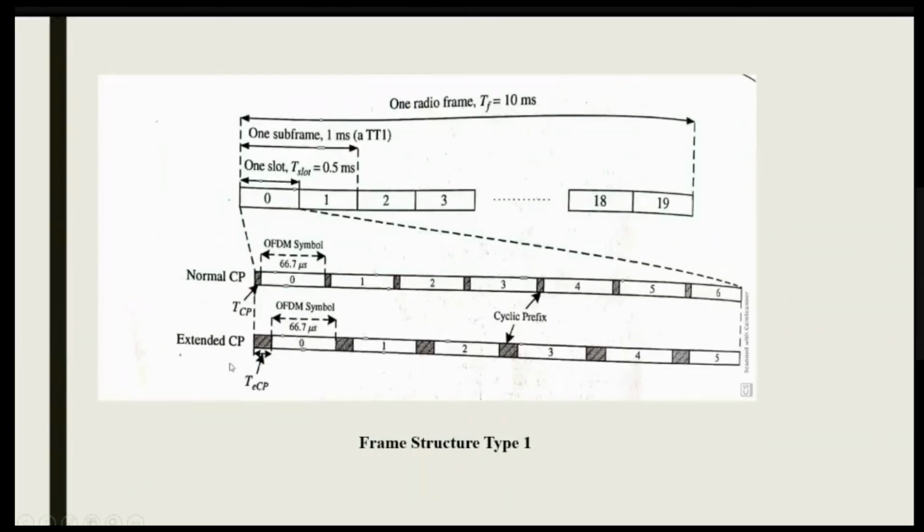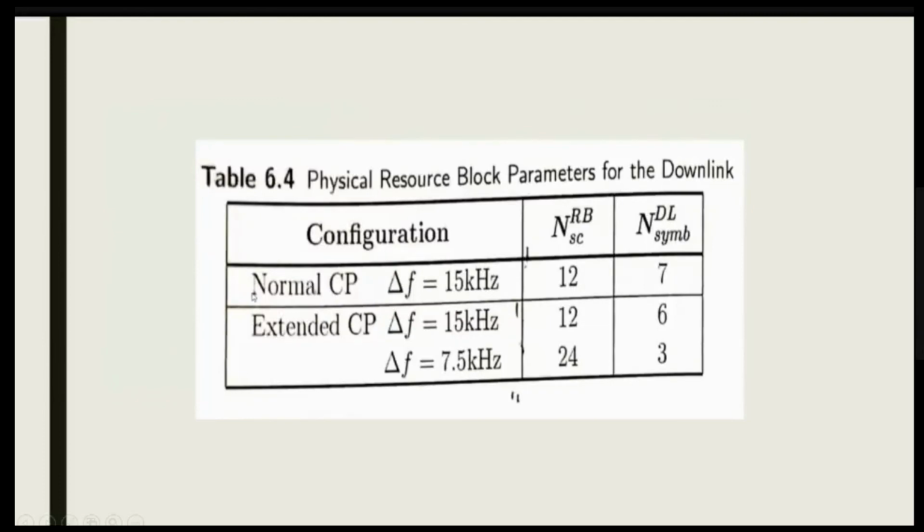If there is an extended cyclic prefix time, then the time will be more for the cyclic prefix, whereas the OFDM symbol time remains only 66.7 microseconds. Depending upon the time, the OFDM symbol varies. These are the standard parameter values.